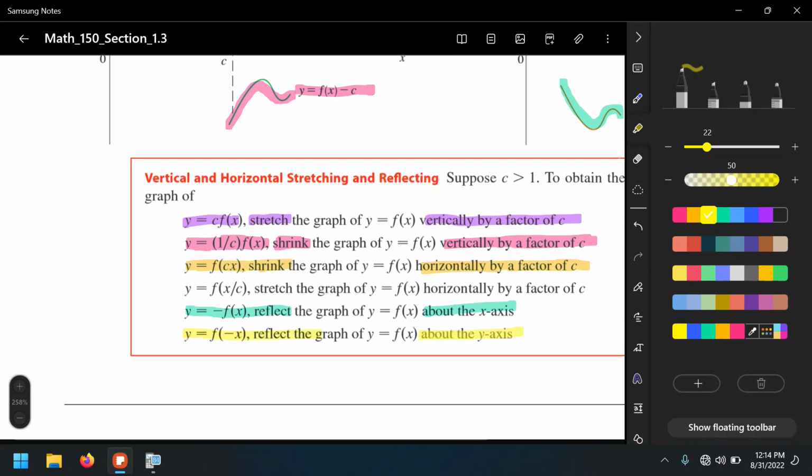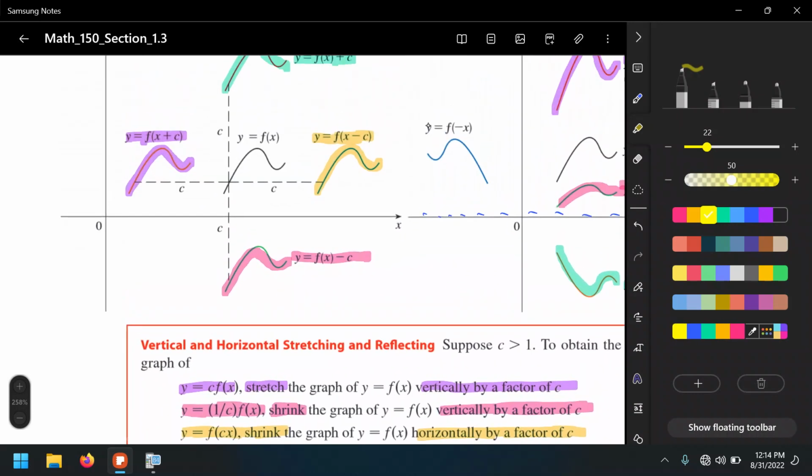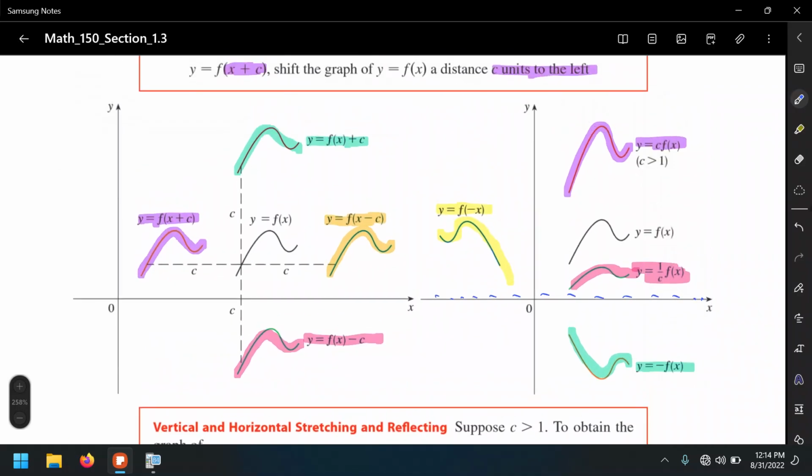Okay, reflect about the y-axis. So that's y equals negative f of x. Again, we can think of the y-axis as a mirror and focus on these two graphs. They are reflections about that y-axis.